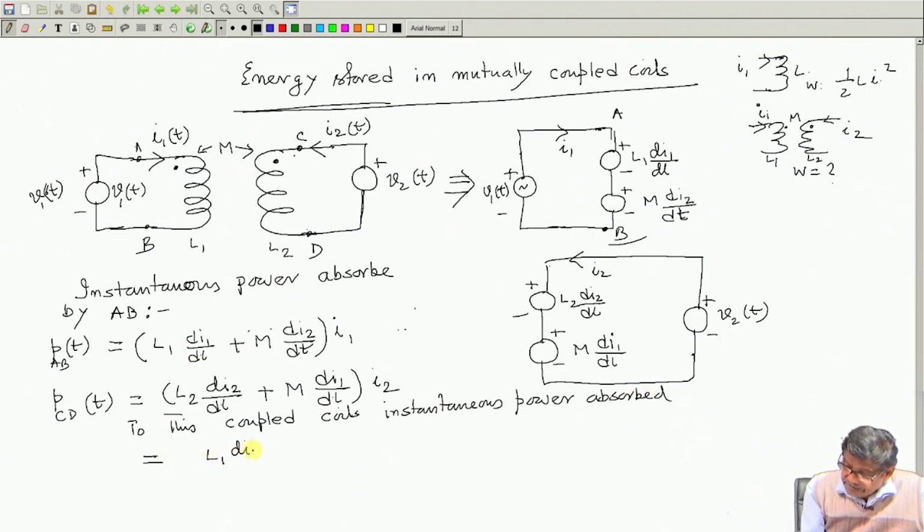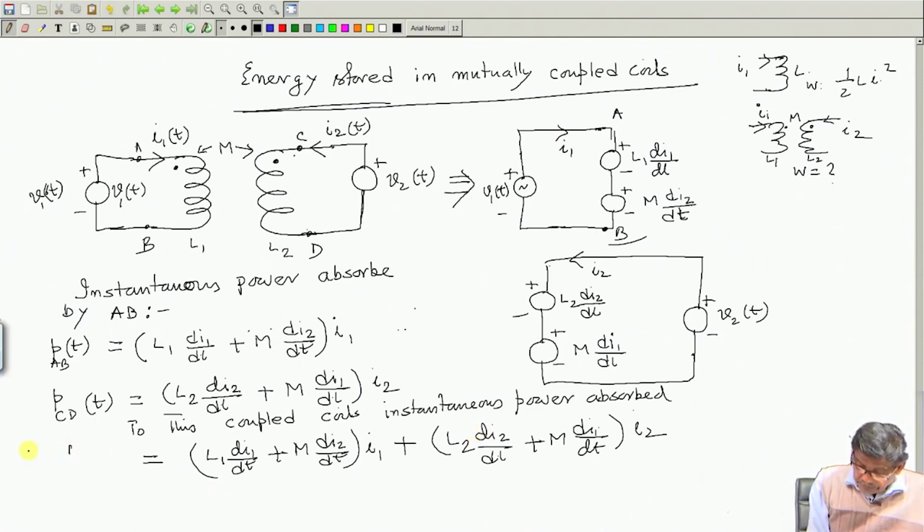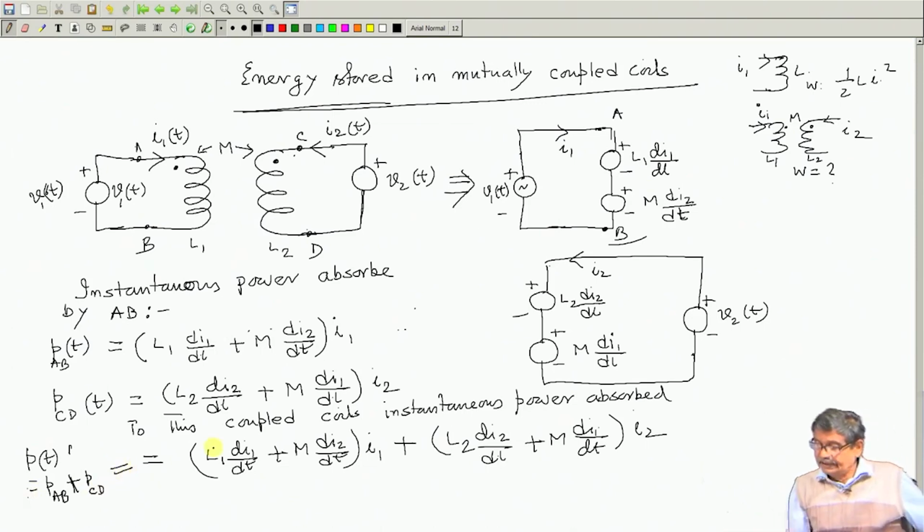So, L1 dI1/dt plus M dI2/dt into I1, plus L2 dI2/dt plus M dI1/dt into I2. This will be the instantaneous total power, that is P_T, which is equal to P_AB plus P_CD, equal to this.